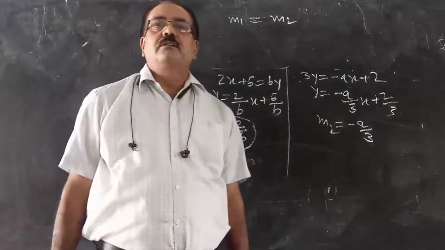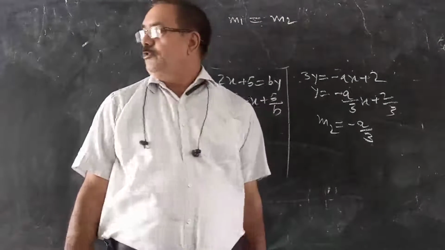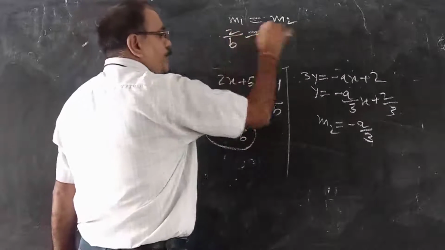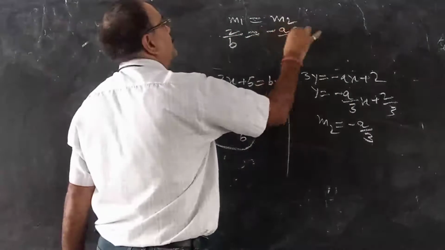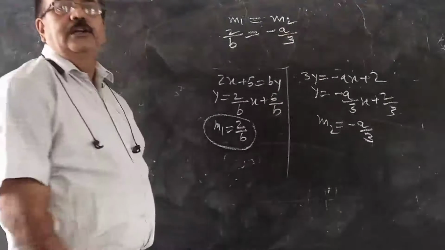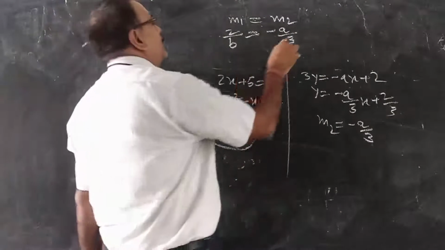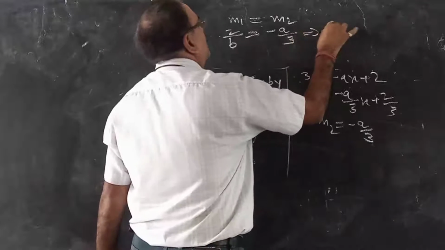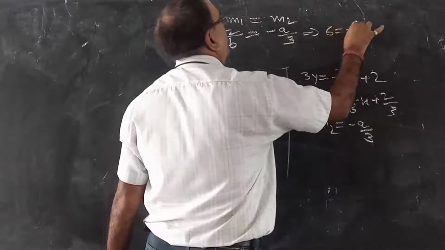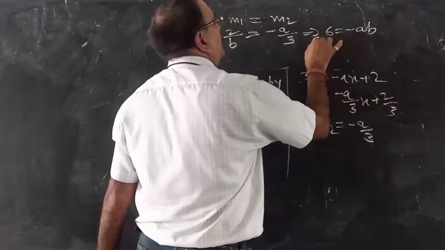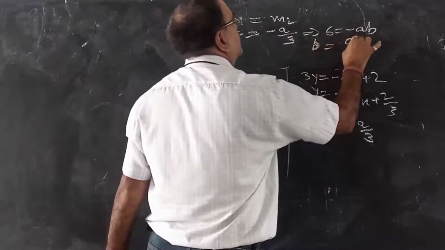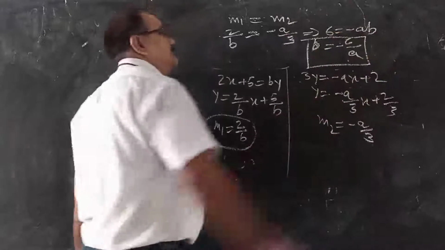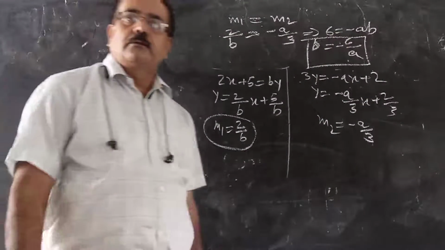According to the question they are parallel, so the slopes are equal. m1 is 2/b, m2 is -a/3. So we can write 6 = -ab, or b = -6/a. This is the relation.